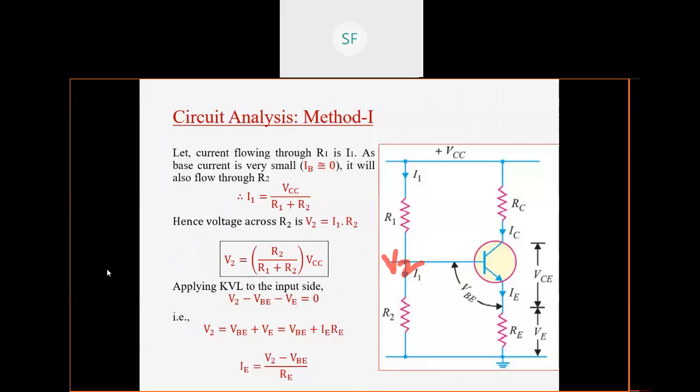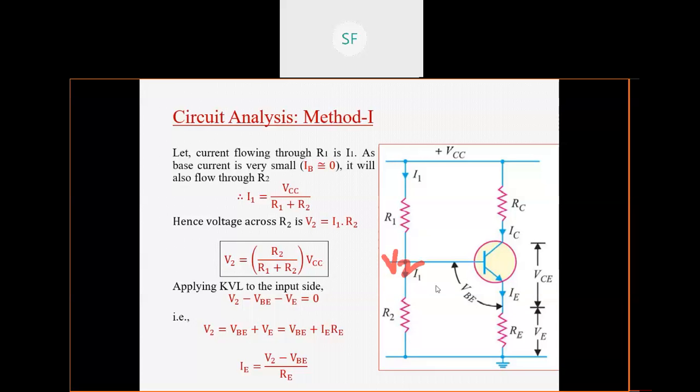So in our circuit we know that there are two sides, right? This is your input side, okay, and this is the output side, right?